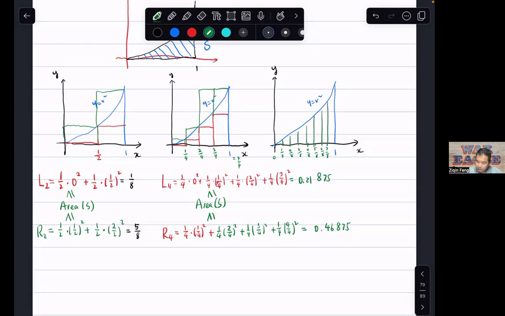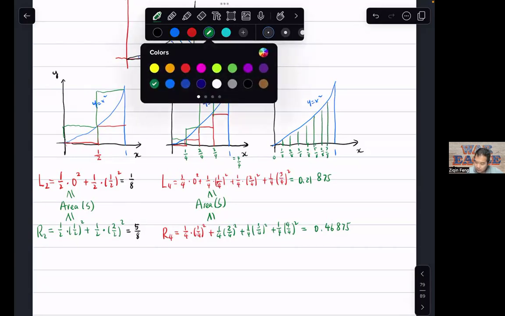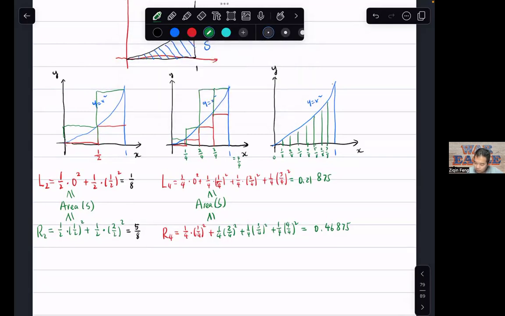In a similar manner, you can get the rectangles formed using the right endpoints, or you can do that using left endpoints.